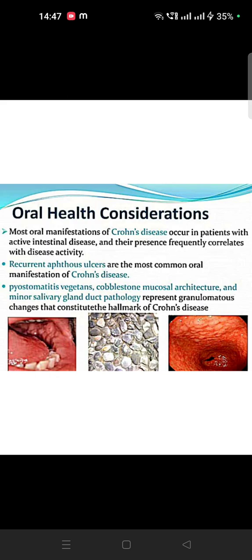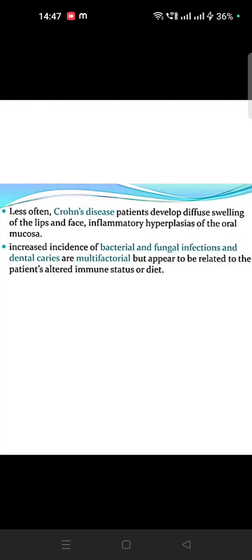These include pyostomatitis, cobblestone mucosa, minor salivary gland duct pathology, and granulomatous changes, which constitute the hallmark of Crohn's disease. The patient develops diffuse swelling of the lips and face, with inflammatory hyperplasia of the oral mucosa. Bacterial or fungal infection and dental caries can affect the patient's immune system.